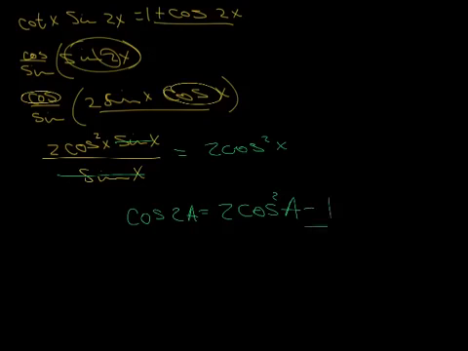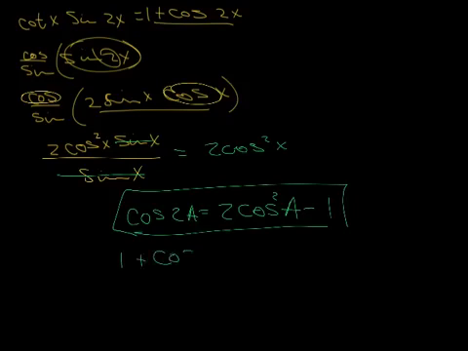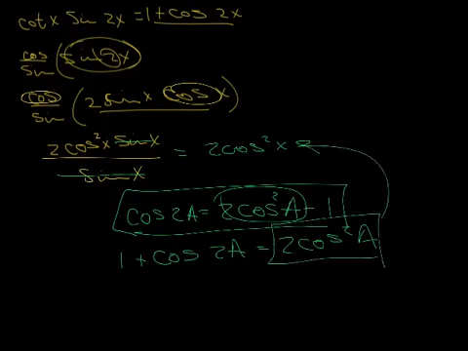So if this is the case, if I were to add 1 to both sides, 1 plus cosine 2a equals 2 cosine squared of a. So I just set it equal to that by adding 1 to both sides. So if that is what I found there, then this, whichever one I want, equals this here. And if we look at this, it's the same as this: 1 plus cosine of 2 times the angle, 1 plus cosine of 2 times the angle.